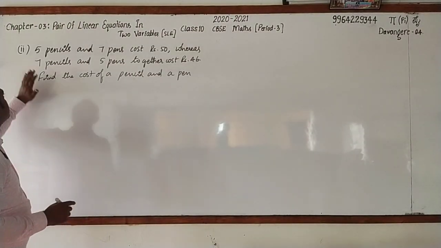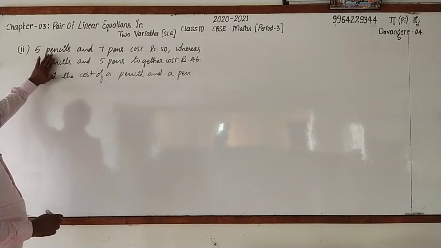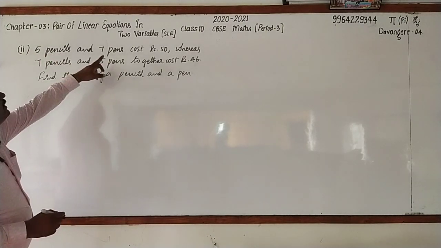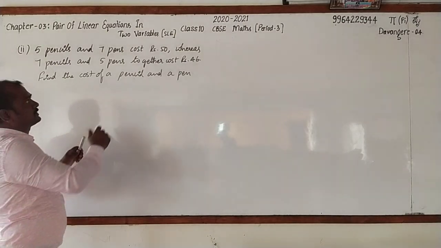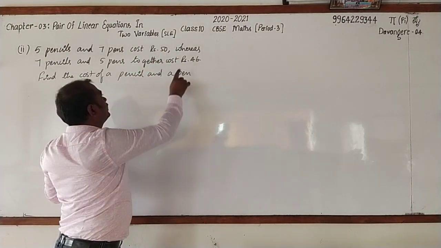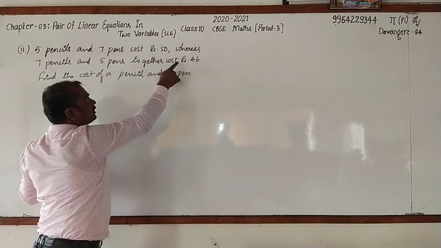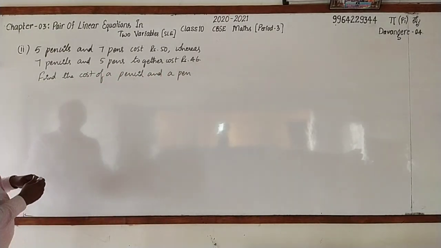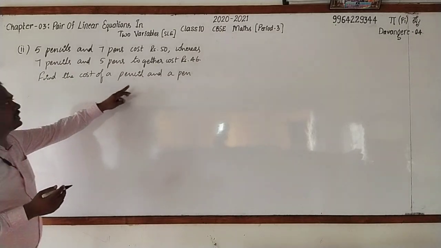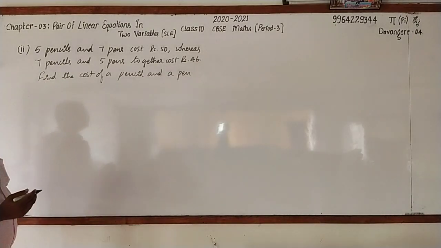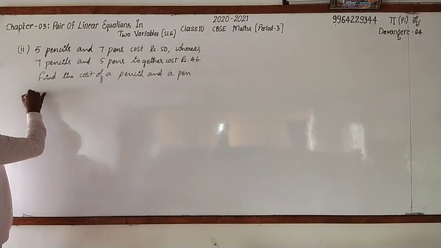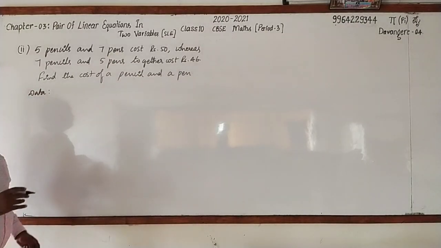In first main, second supposition. Observe. 5 pencils and 7 pens together cost rupees 50, whereas 7 pencils and 5 pens together cost rupees 46. Find the cost of a pencil and a pen. Let's go for converting the situation into equations.